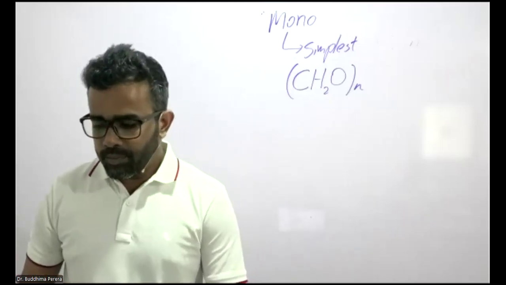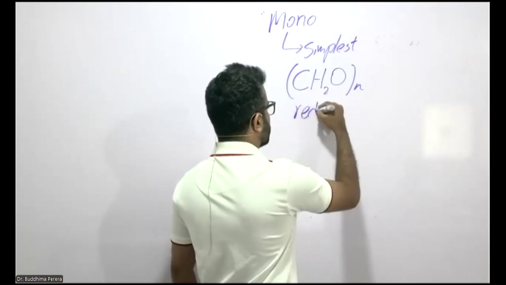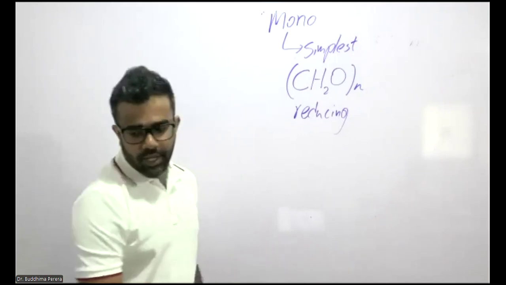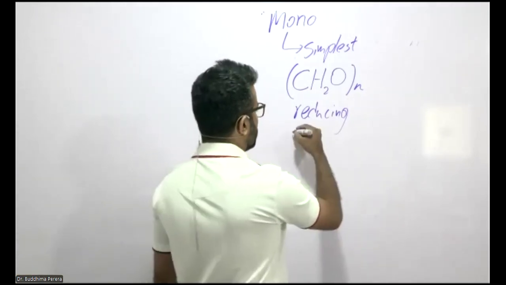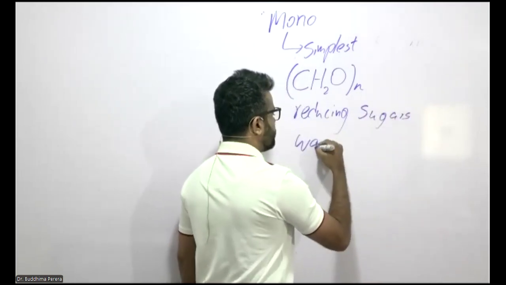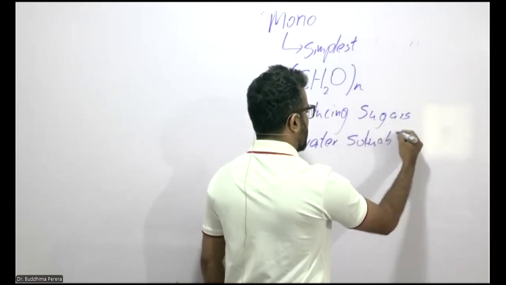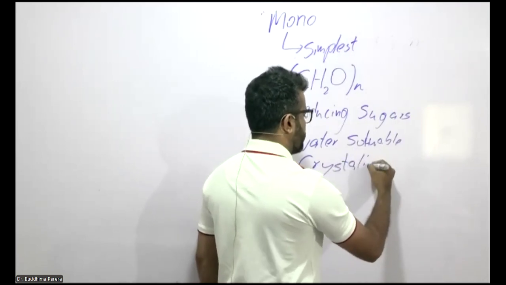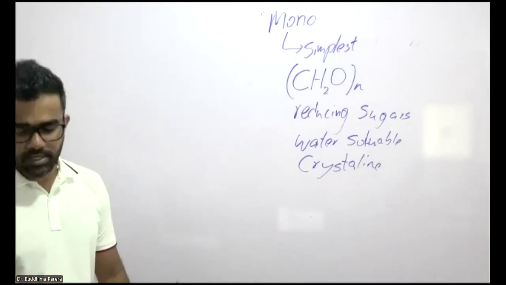Then all are reducing sugars. All are reducing sugars. Then all are water soluble. Reducing sugars, water soluble, and in crystalline form. These things you will learn in O level, crystalline forms, monosaccharides.